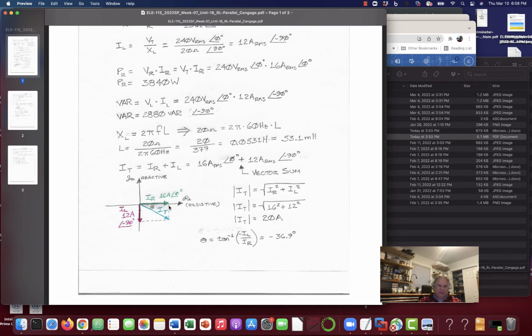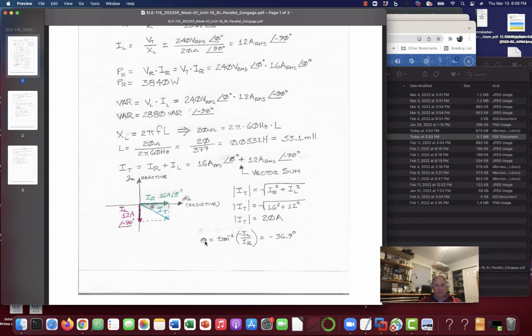Well, the angle of the current is going to be the angle whose tangent is opposite over adjacent. Remember, tangent equals opposite over adjacent. So I need to find the angle whose tangent is minus 12 divided by 16. Minus 12 is our opposite of this angle right here, and 16 is the adjacent of this angle right here.